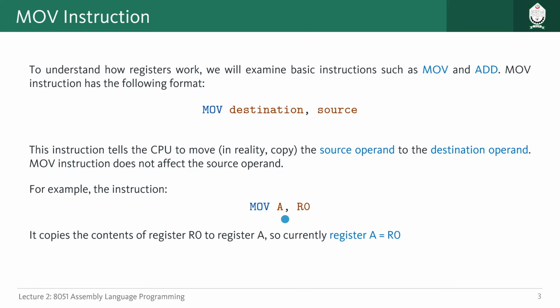That means nothing stored inside R0 will be modified. It will be intact, but it will be copied into the location of register A. That's the idea, right? After execution of this line of code, both register A and R0 will have the same data.